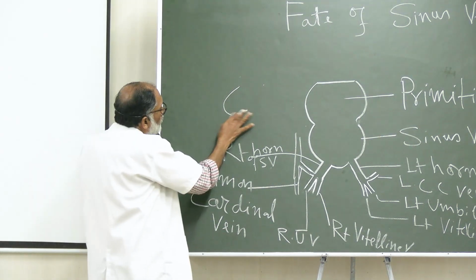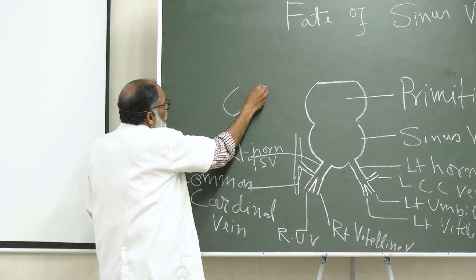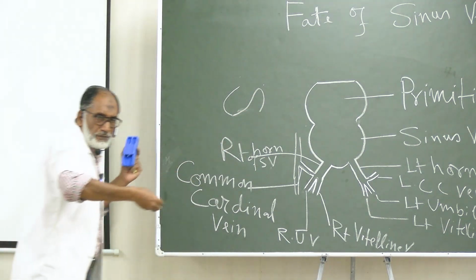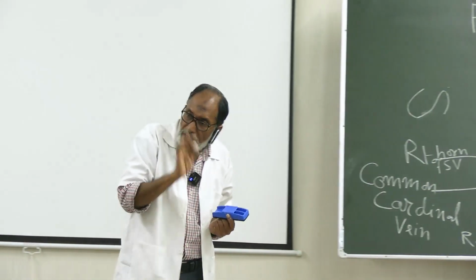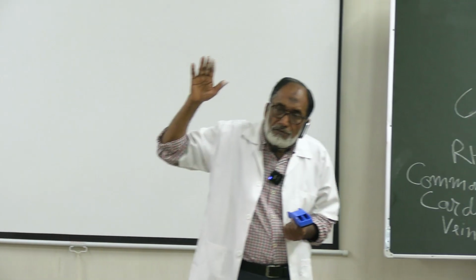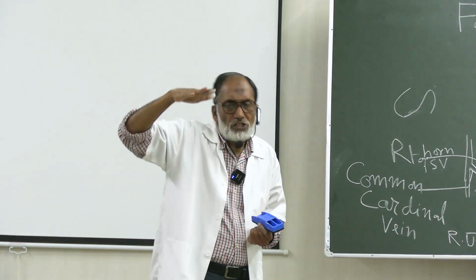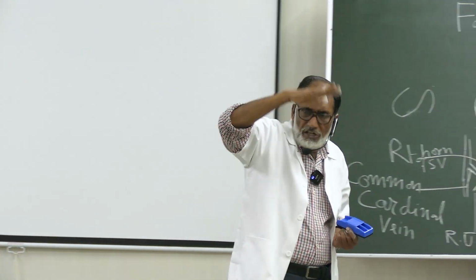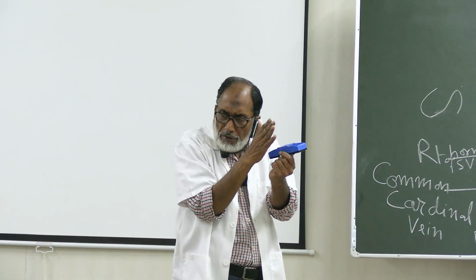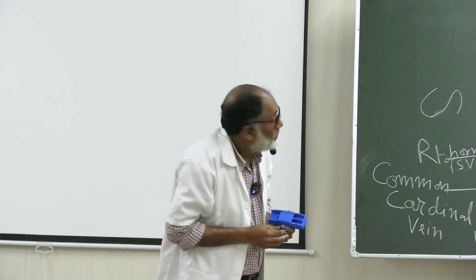Now this portion, when it grows excessively, then it becomes like this. It becomes S-shaped. That means this sinus venosus comes to the dorsal aspect of the atrial cavity, not exactly dorsal, but dorsolateral, to some extent lateral.